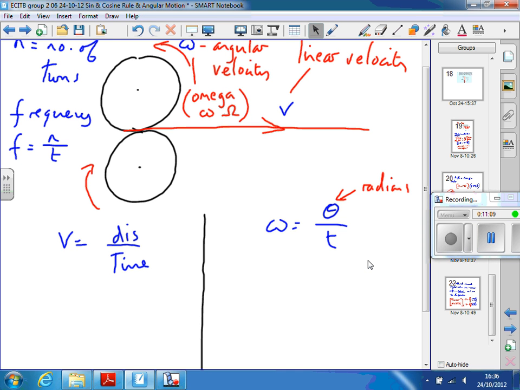We're going to come up with the formula, and I'm going to show you how they're arrived at. But at the end of the day, what you need to do is to be able to know what these formulas are. What is the relationship between linear velocity and angular velocity? So long as you know the formula, it's not essential that you see how it's arrived at, but I think it's worth looking at it.